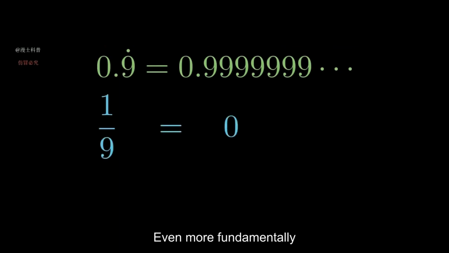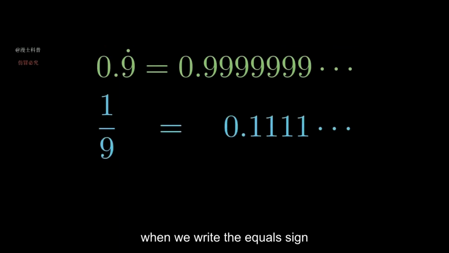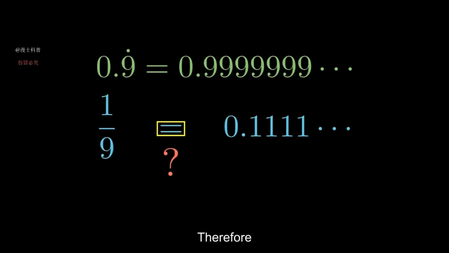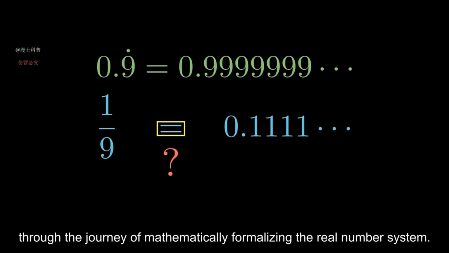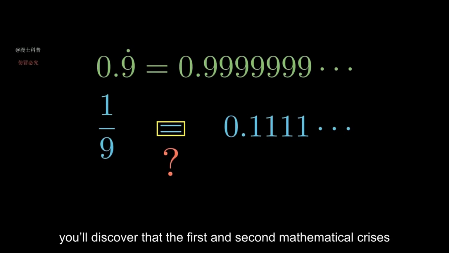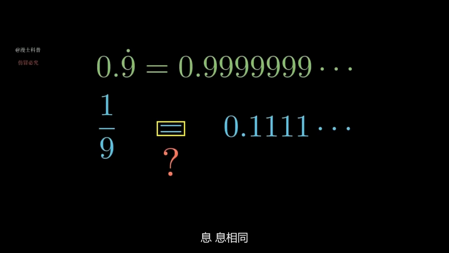Even more fundamentally, when we write the equals sign within such a rigorous definition, how should we precisely understand the notion of equality? Therefore, in the sections to follow, we will guide you step by step through the journey of mathematically formalizing the real number system. Along the way, you'll discover that the first and second mathematical crises are deeply intertwined.